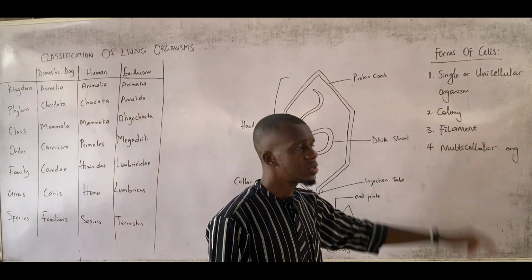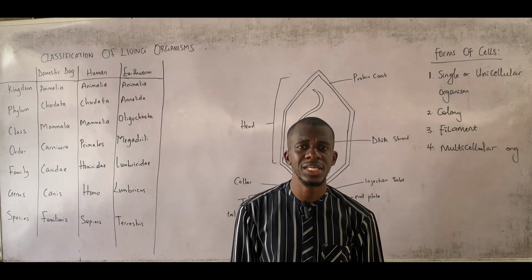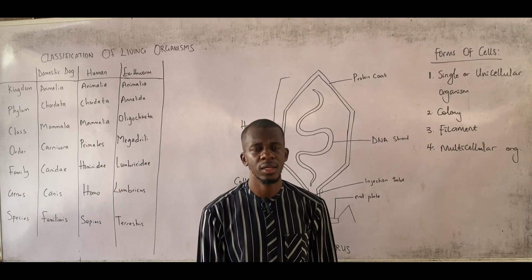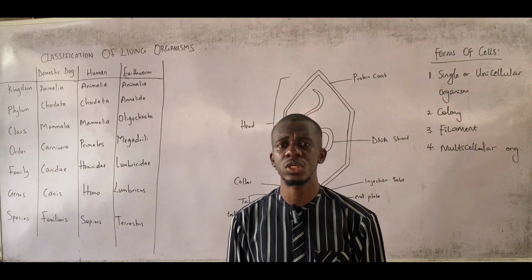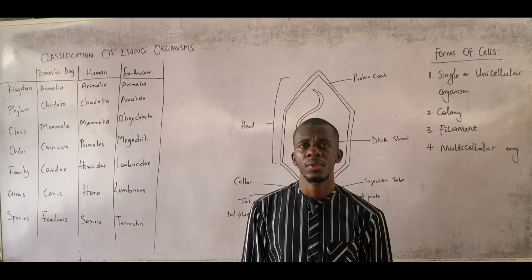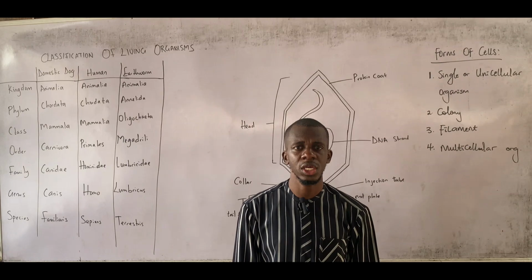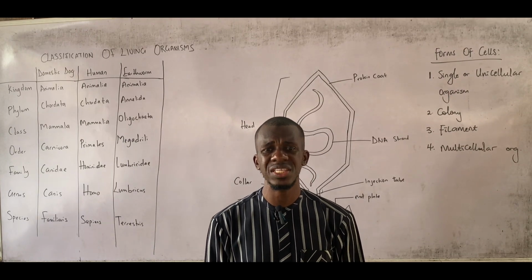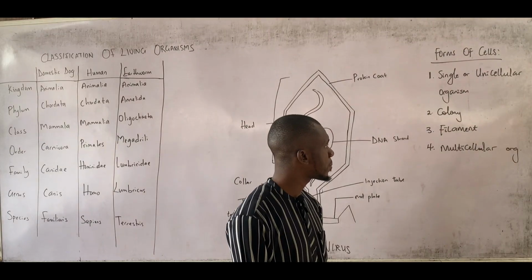We have organisms that exist in form of colonies. Such organisms are said to be colonial. Examples of colonial organisms are Volvox, Pandorina, and Eudorina. There are others, but those are the three basic examples you should know for exam purposes.